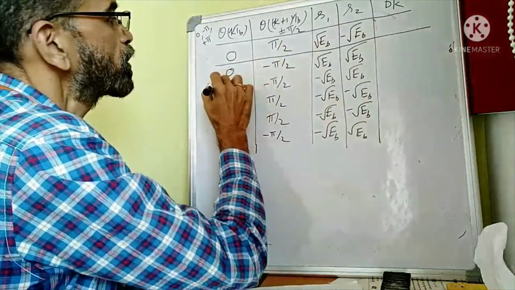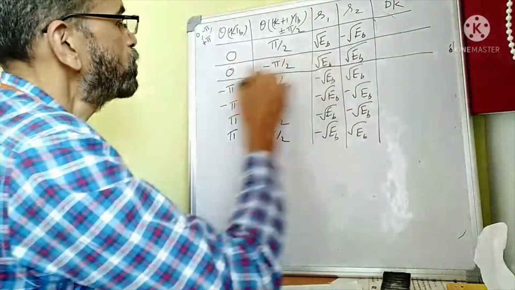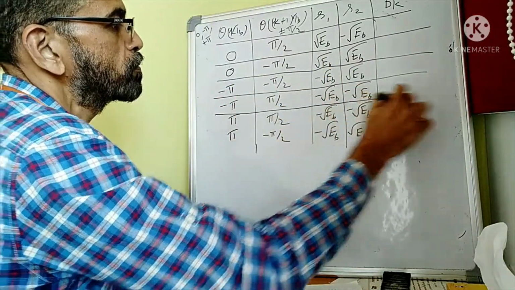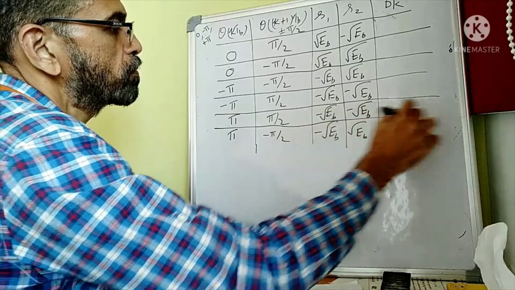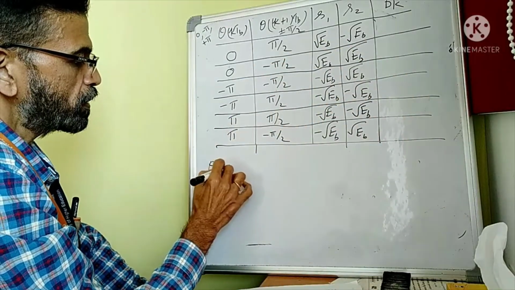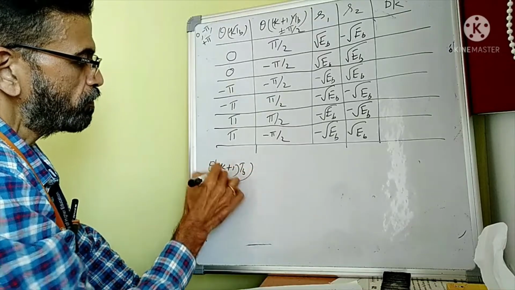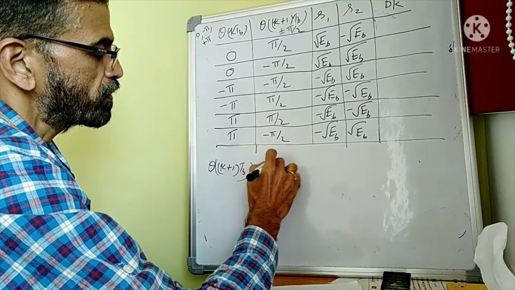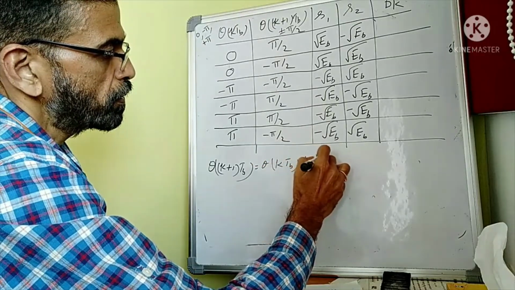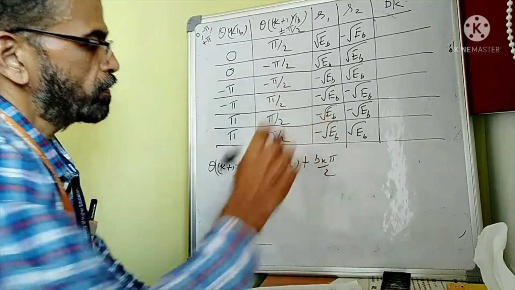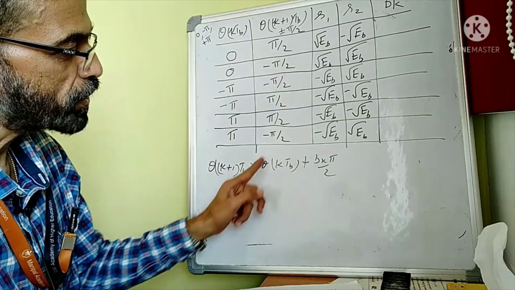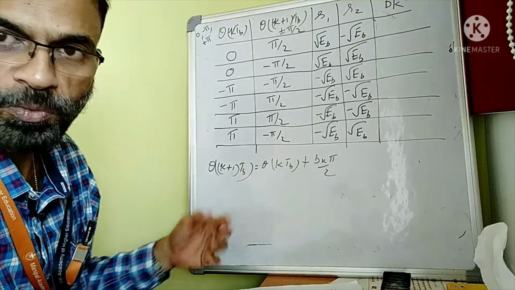Now let's see what will be the corresponding bk. We quickly recall, and for reference I am writing it here. Whenever theta k plus 1 tb is pi by 2 more than theta k tb, we can say bk was plus 1.